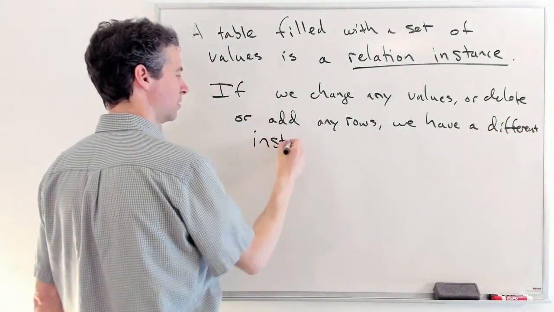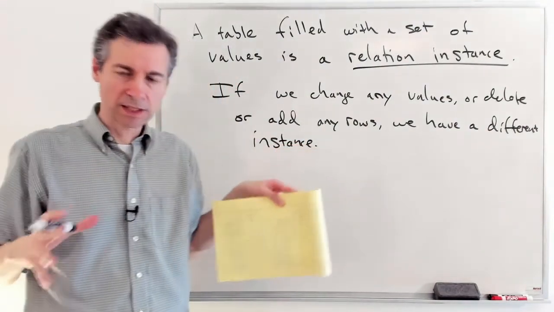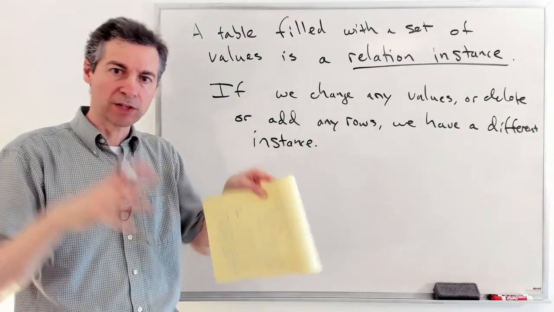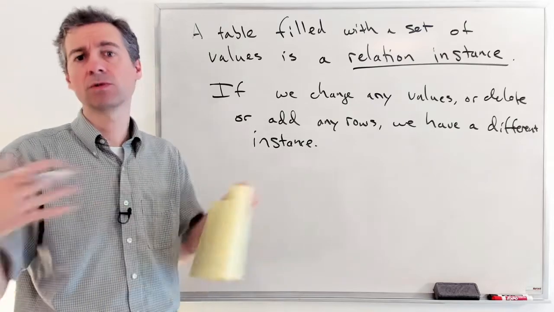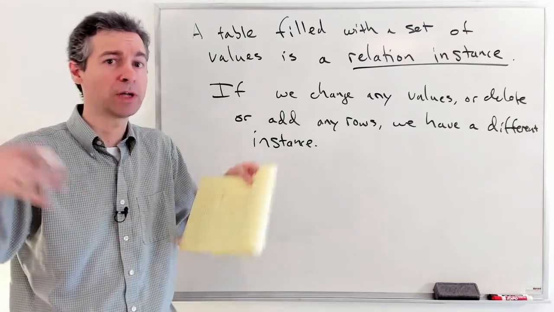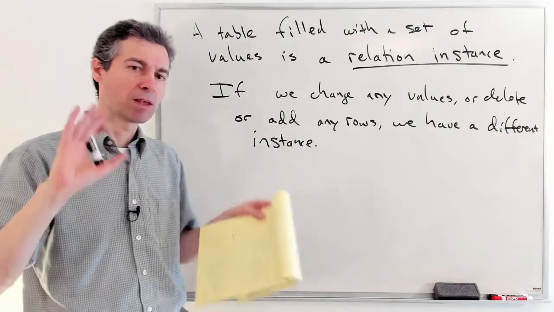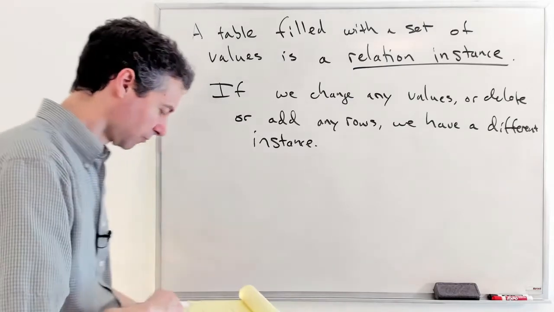So an instance is the complete set of all the data that we put in a table. And that's one instance. If we add a row, let's say a new user to the users table, that's a new instance of the relation, okay? This is all about definitions, and we've got to learn some of these definitions.